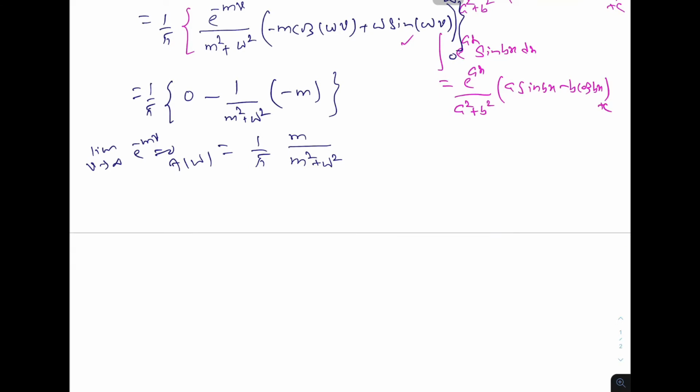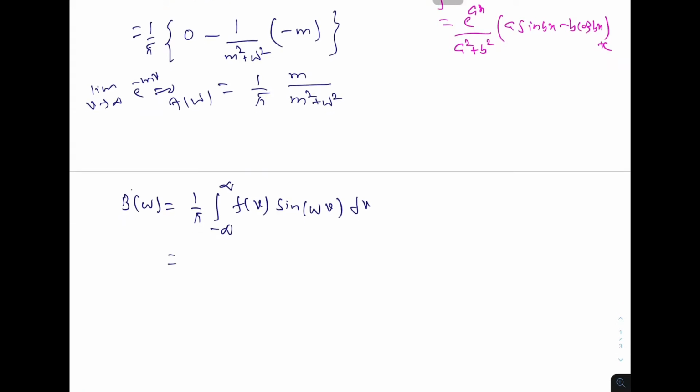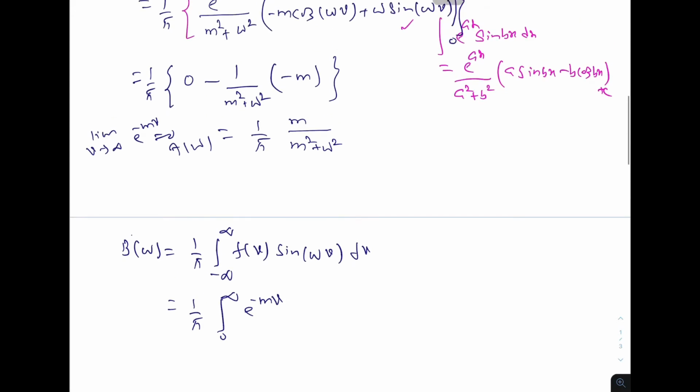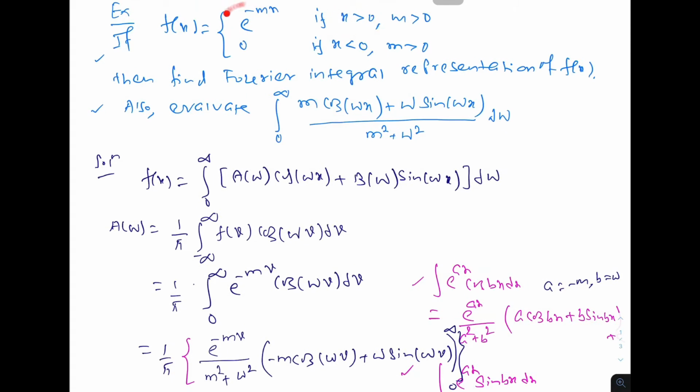We find b(omega). b(omega) equals 1 over pi integration minus infinity to infinity f(v) sin(omega v) dv. That is equal to 1 over pi integral 0 to infinity e power minus mv sin(omega v) dv, because the function is e power minus mv for positive values and 0 when x is less than 0.